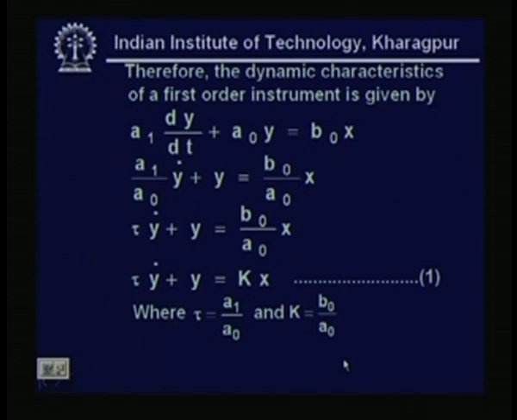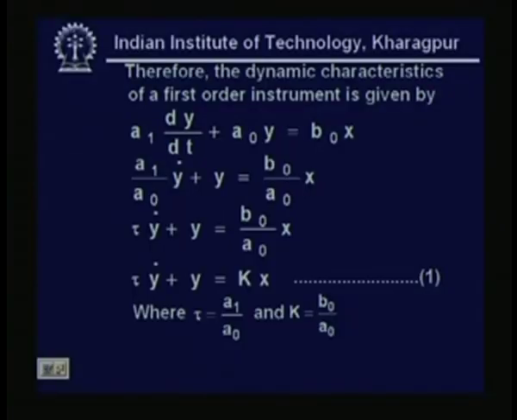Obviously, this time constant A1/A0 and static sensitivity B0/A0 depend on some of the physical parameters of the system. If you take the example of a thermometer, what are those physical parameters? The size of the bulb of the thermometer and the material you are using as the thermometer liquid will tell you the value of tau.